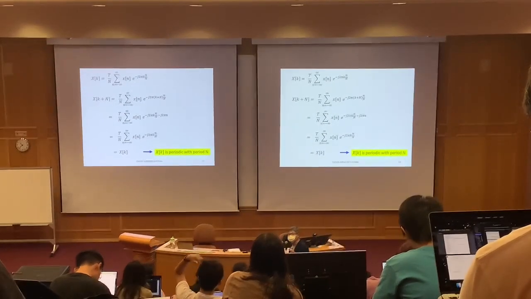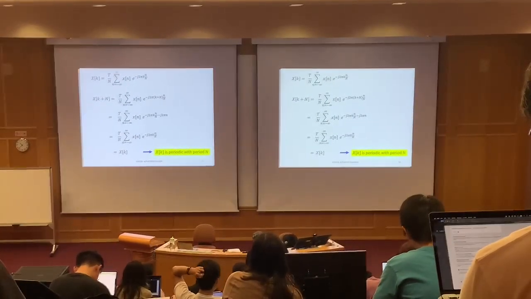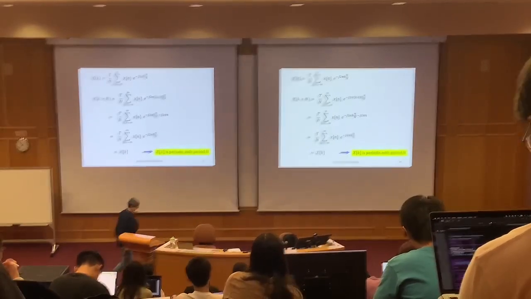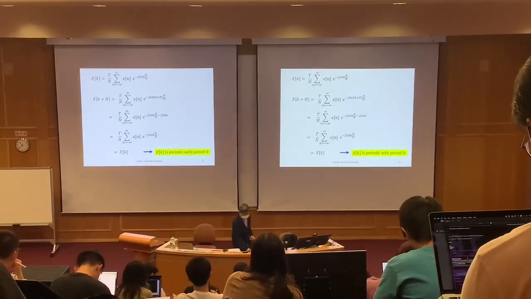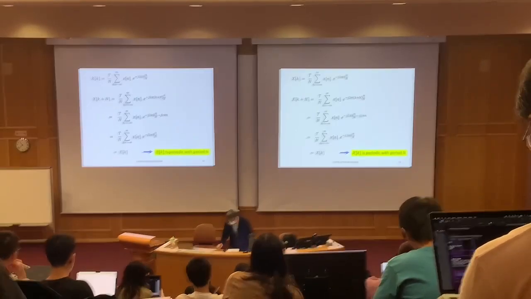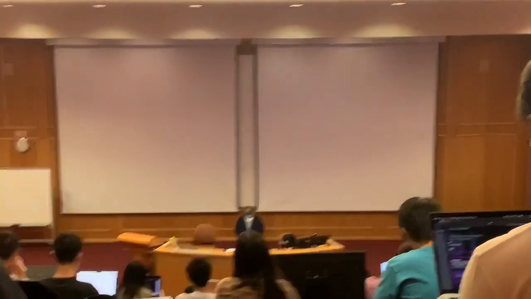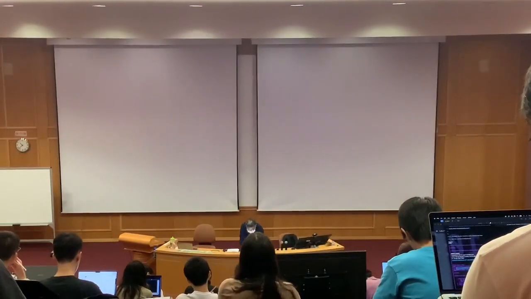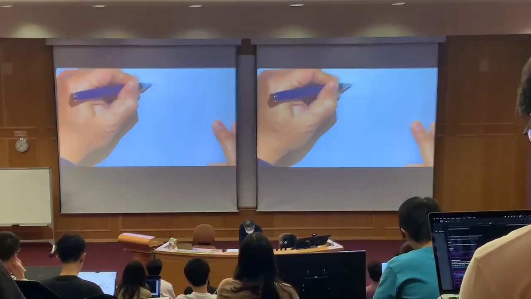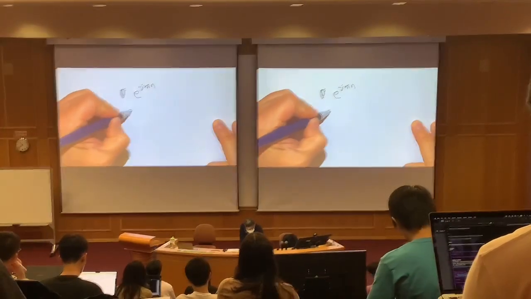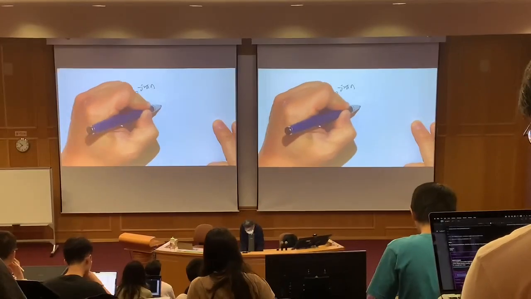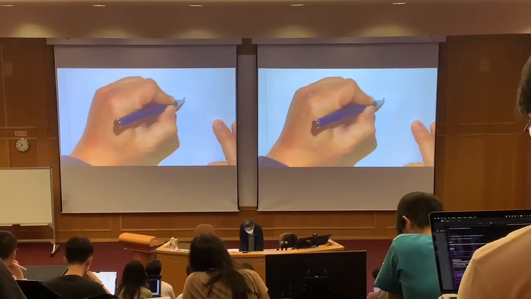Who can tell me? n is an integer. e to the minus j2 pi n is equal to cosine 2 pi n minus j sine 2 pi n, right?